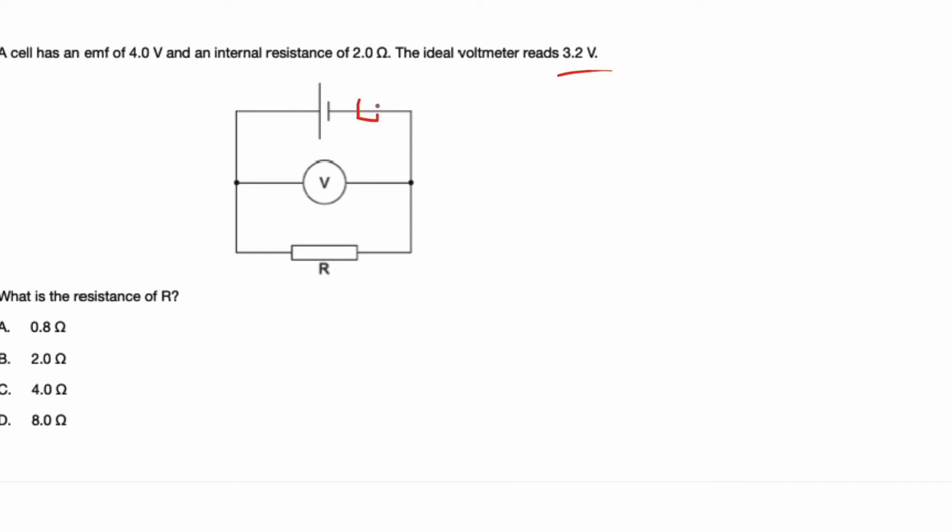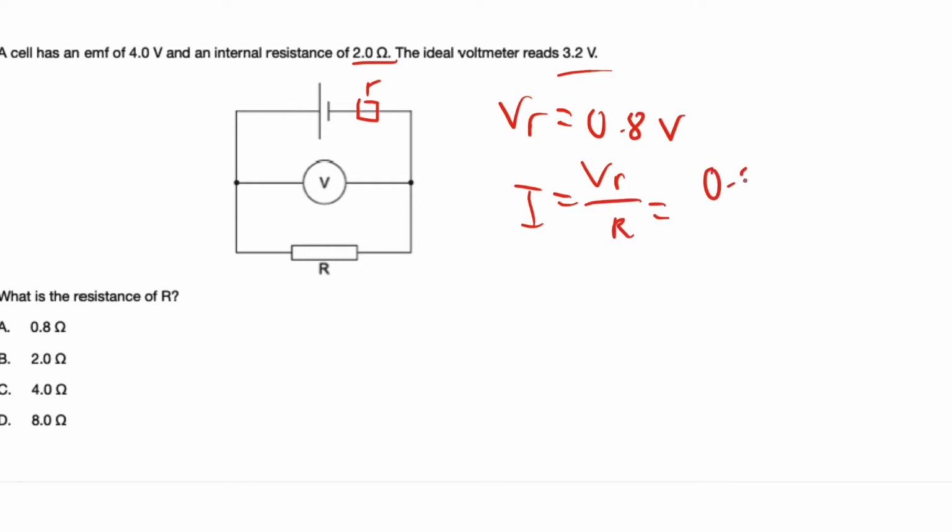Right. So imagine there's a resistor here, representing the internal resistance. So V_r is going to be equal to 0.8 volt. And we know the resistance here, so we can calculate the current. 0.8 over 2 is going to be equal to 0.4.